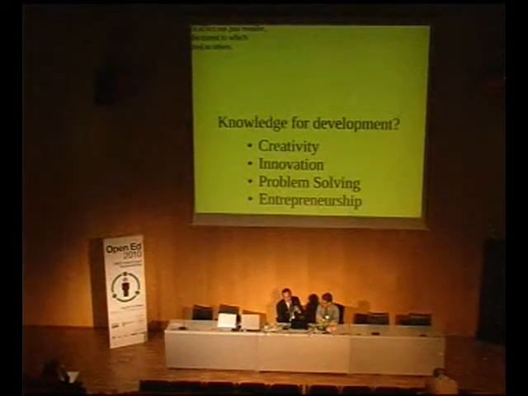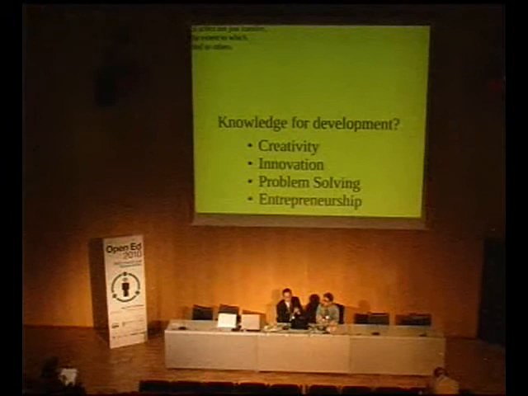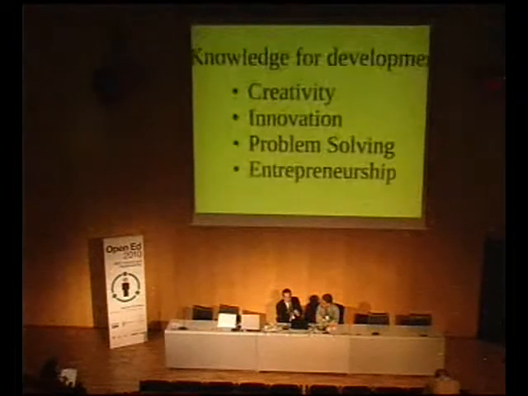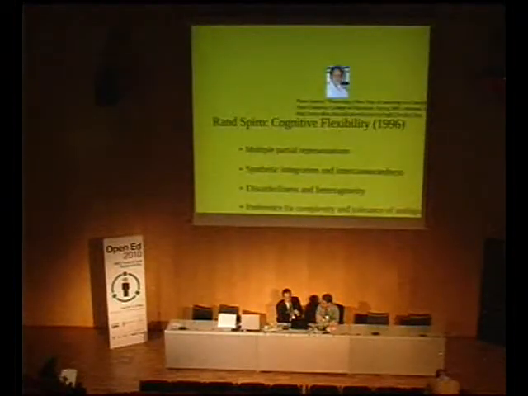So what are the basic points of knowledge in a new context that would motivate development? Those have to be, and this is in the conversation of development agencies right now, creativity, innovation, problem solving, entrepreneurship. And we found this very similar to Rand Spiro's model of cognitive flexibility.